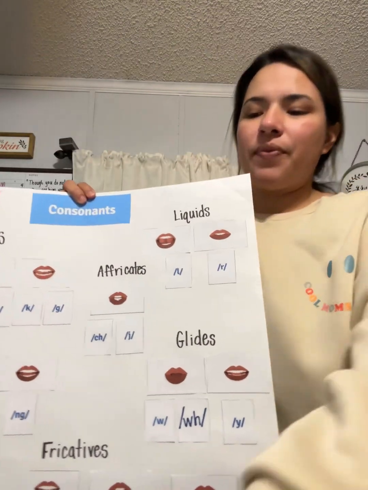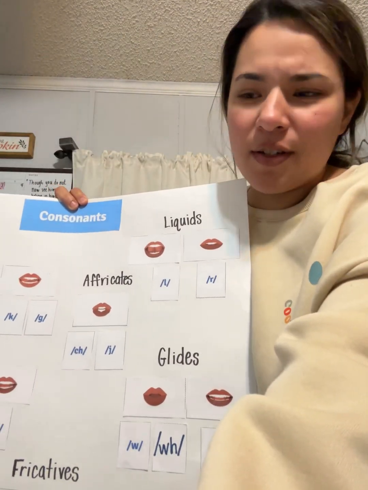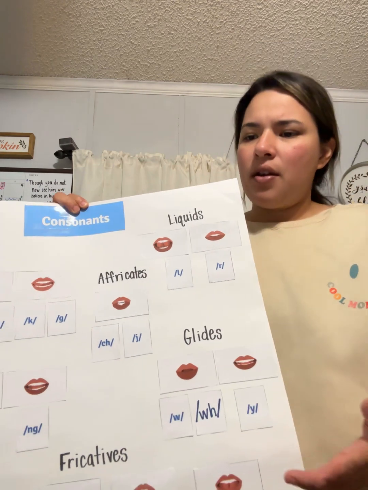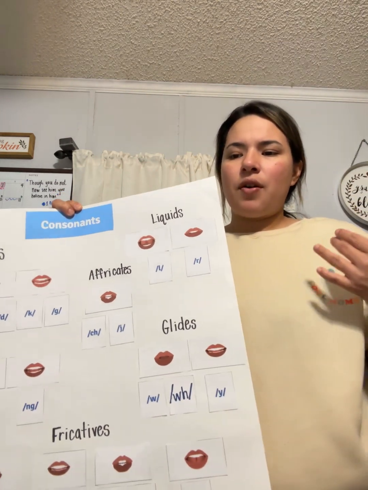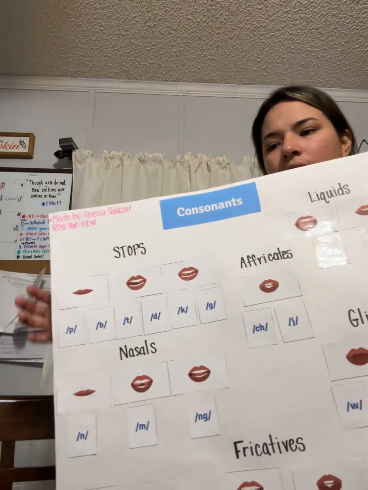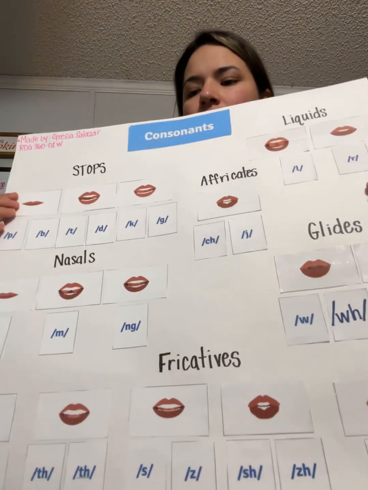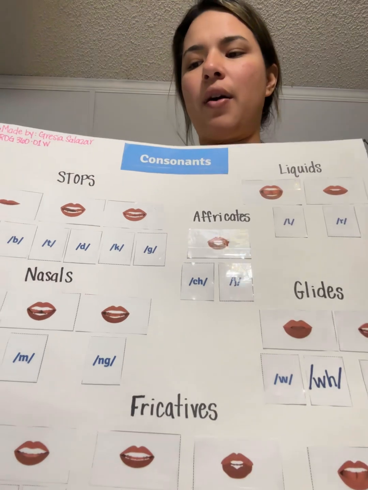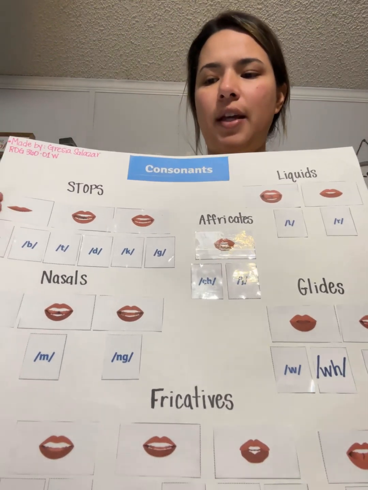Also, a great thing that I learned, and I thought it was the coolest thing ever, was the fact that consonant walls are organized by manner of articulation, which refers to what the mouth does while the phoneme is being articulated.